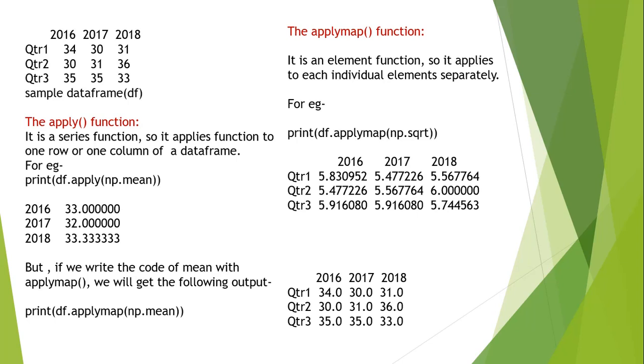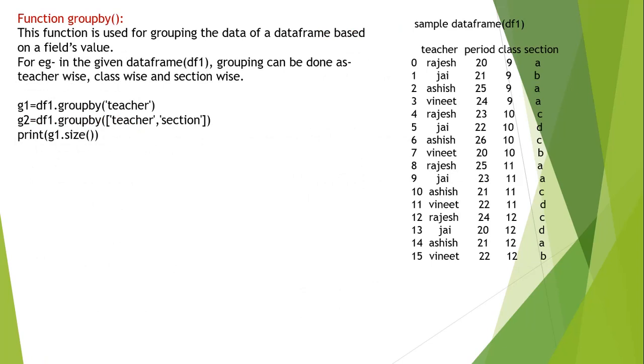Now let's move further. Let's discuss the group by function. By the name itself you can understand that the group by function is used for grouping. That grouping has to be made according to a particular entity. Whenever you are grouping something, you have to see the individual identities between them; without that it is not possible.